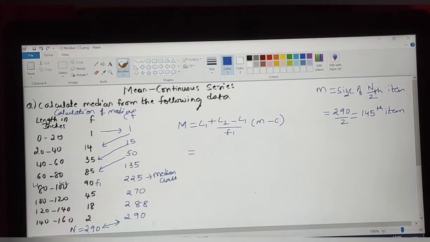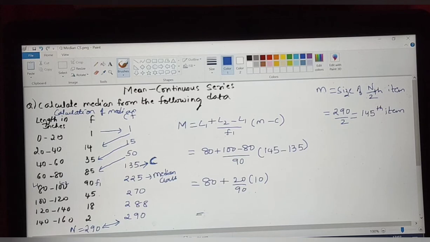So here 135 will be denoted as C. Now let's substitute all the values: 80 plus (100 minus 80) divided by 90, into m value, which is N by 2, that is 145 minus 135. So 80 plus 20 by 90 into 10.